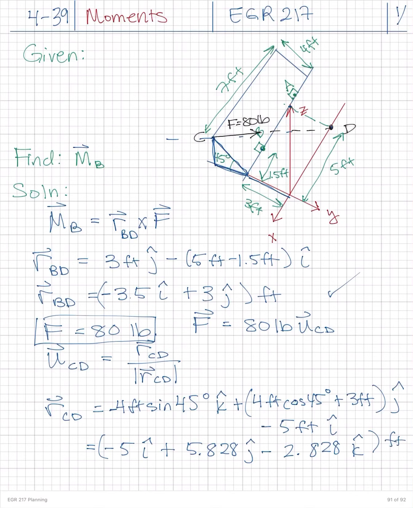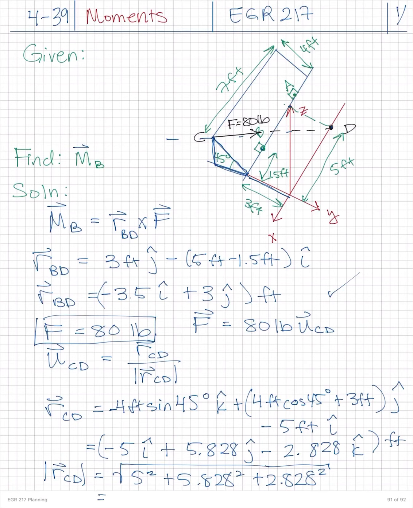And then we can figure out what the magnitude of that vector is. So that's going to be the square root of 5 squared plus 5.828 squared plus 2.828 squared.